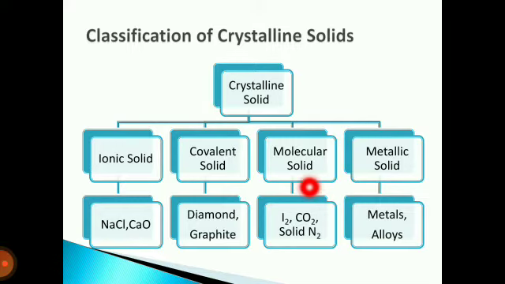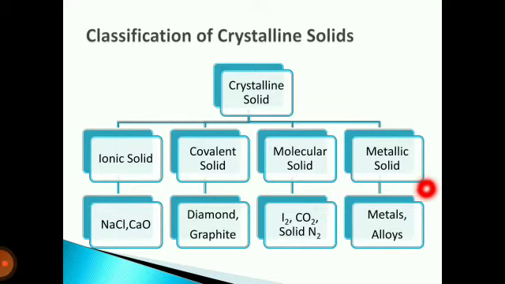These solids consist of an array of molecules spatially arranged in a definite pattern. Examples: iodine molecule, carbon dioxide, solid nitrogen, sulfur, and phosphorus molecules are also examples of molecular solids.